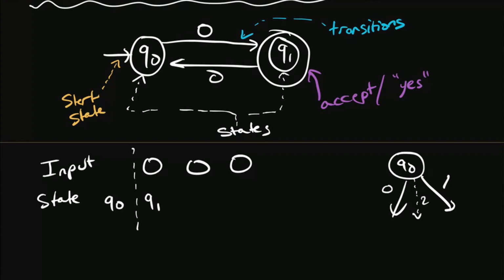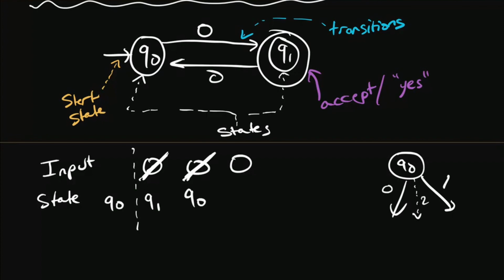Have we exhausted the input yet? No, we have not read all of the input yet. So what do? Help me along here. I keep going. What character do I read? The next 0. And what state do I end up in as a result? Q0. Q0 again. Cool. So we've exhausted that character. Are we done reading the input yet? No. So what do?